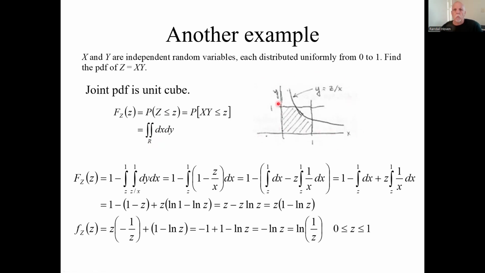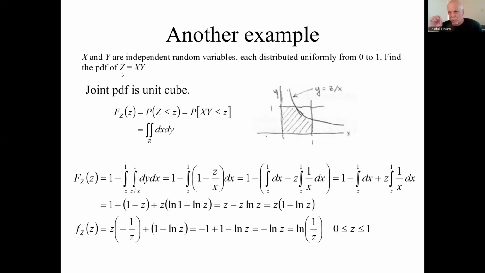X, Y. I can write this as a function of y, setting y less than or equal to z over x. And that line would look like this for some z. If x and y are each between 0 and 1, then z has to be between 0 and 1.